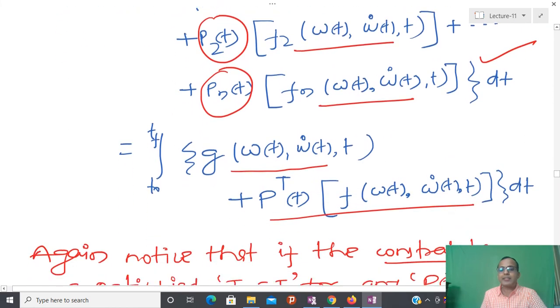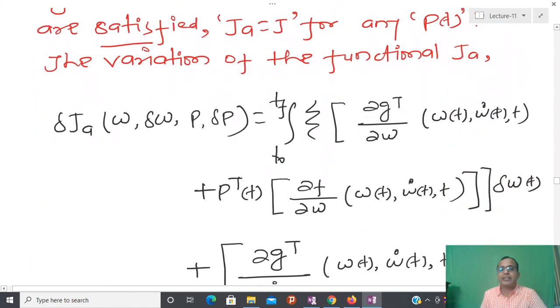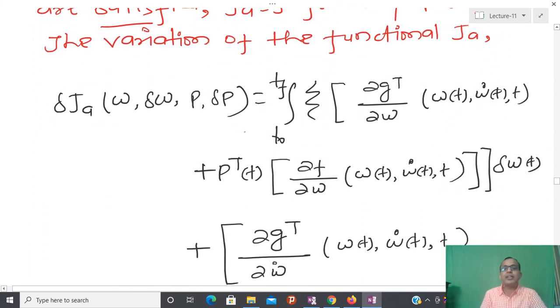Now in order to extremize the functional, the augmented functional, I have to again take the variation in terms of omega and delta p. I have already told you that if I know the quantity then I am able to guess its rate of change, and due to that reason we are not treating j as a function of d omega separately.